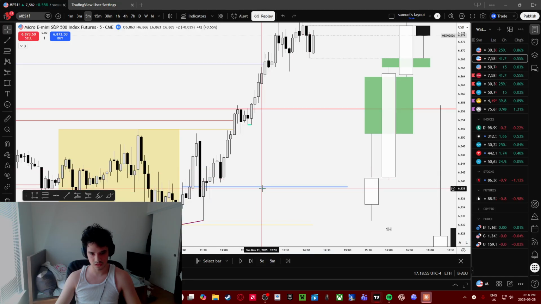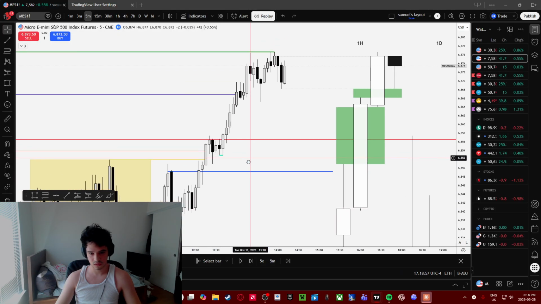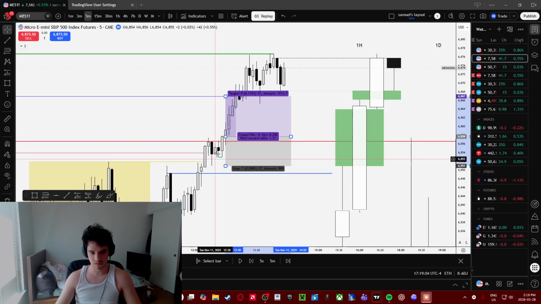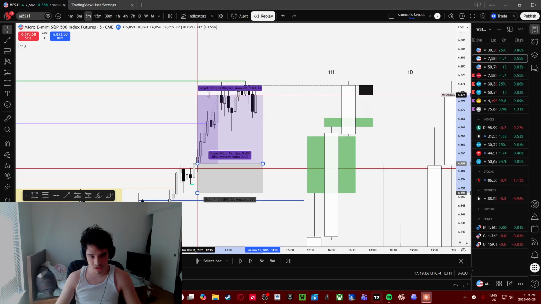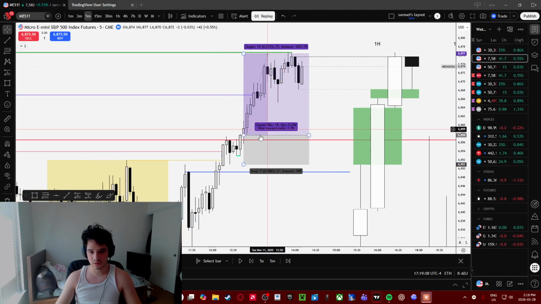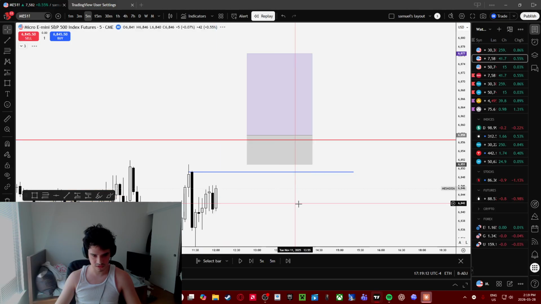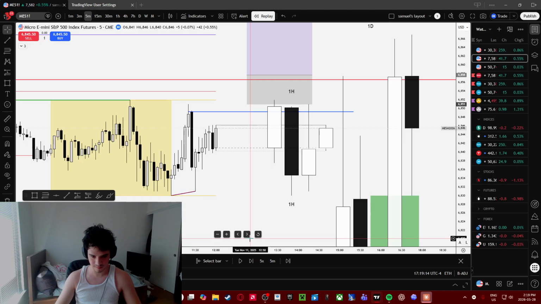Technically the entry was here. Shouldn't have gone to the 15-minute. This one's because we're impatient for a swing. That was the entry. You can see we play this back as if we still stayed on the lower timeframe. Shouldn't have left there for 15 minutes.